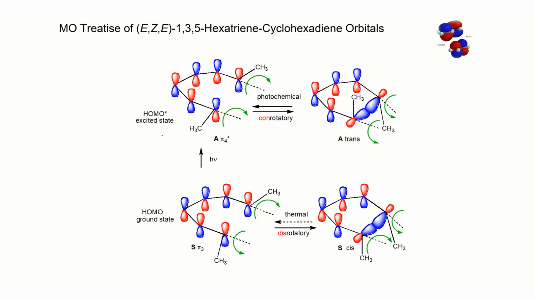So here's the situation. In a photochemical event, you can see that this asymmetric system for this triene is photochemical. Here, for example, we've gone from the psi 3 to the psi 4 because it's photochemical, and then the rotation becomes conrotatory.